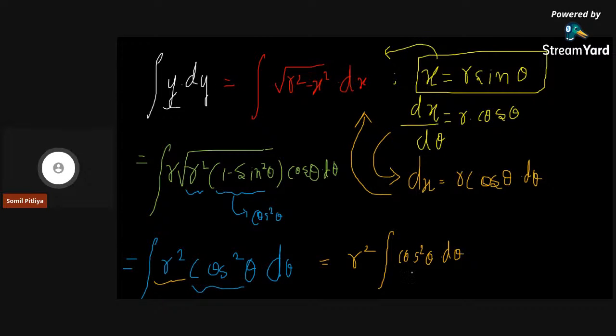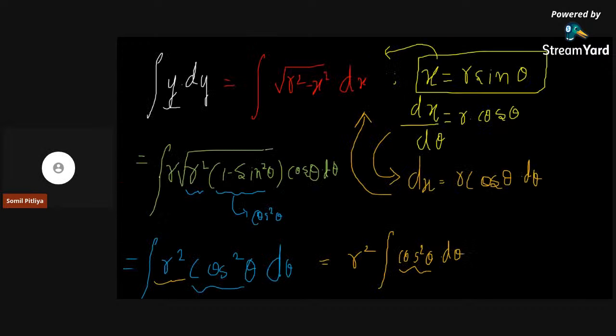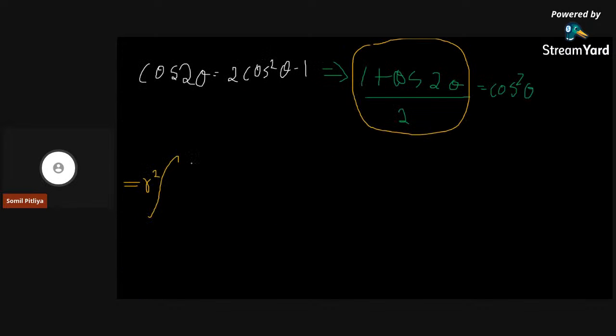So I will substitute the value of cos square theta from this expression, 1 plus cos 2 theta by 2. So r square is already there outside. Cos square theta will be 1 plus cos 2 theta by 2, and this 2 will also go outside because it is also constant. So r square by 2 times the integral of 1 plus cos 2 theta, and this whole d theta.